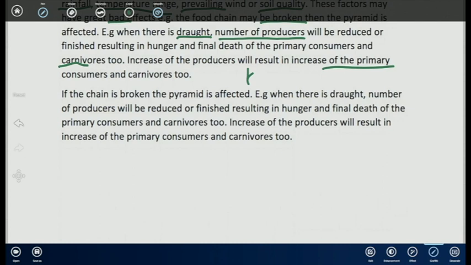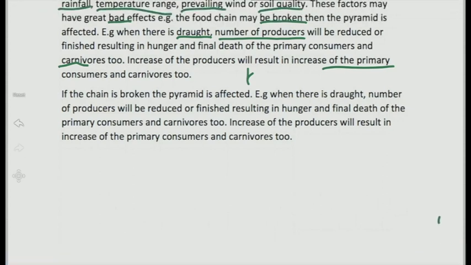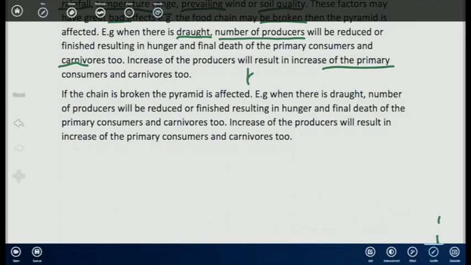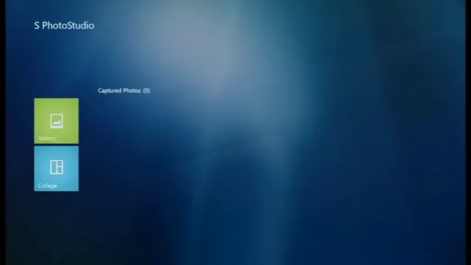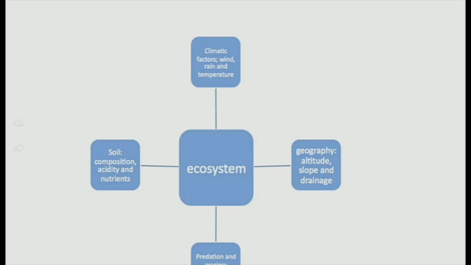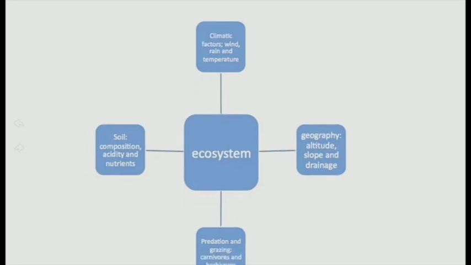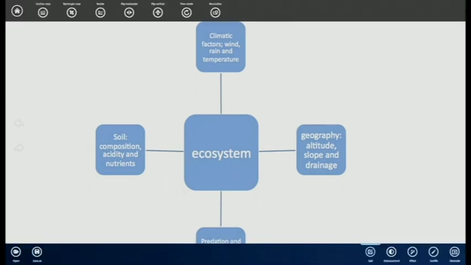Now, we move forward to the next page. We have said in an ecosystem, what can be affected. This is summarizing what we have just looked at when we talk of the ecosystem being affected by what?